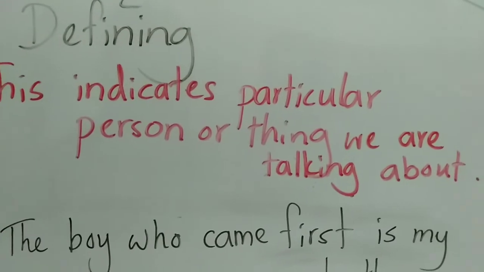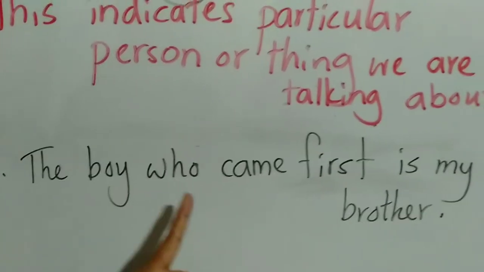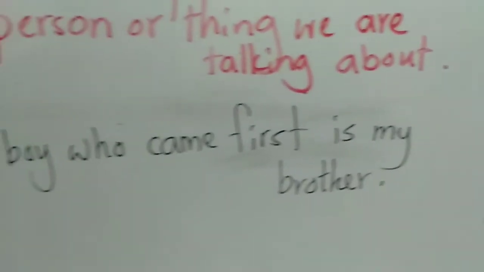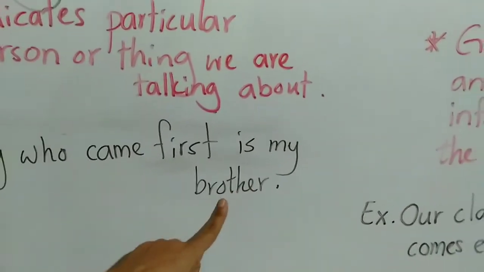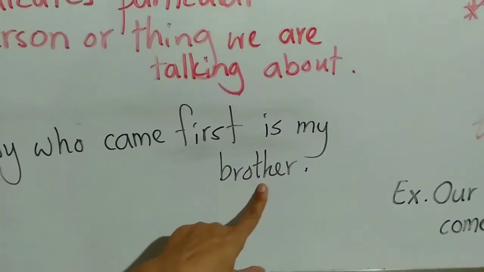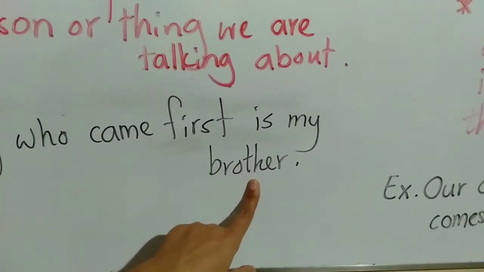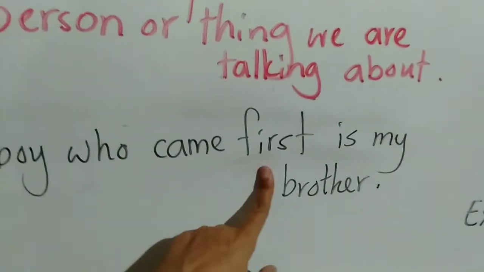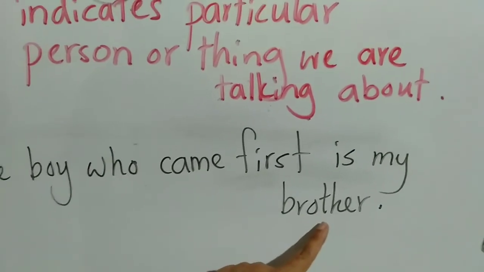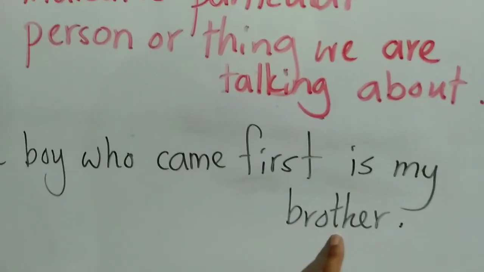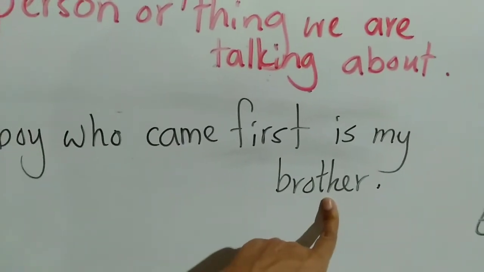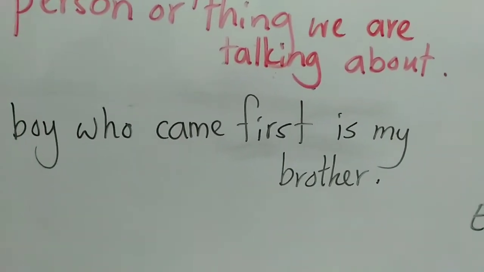I'll further explain it to you. The boy who came first is my brother. This brother is very special. You know why? Who came first? We do not know which brother we are talking about.